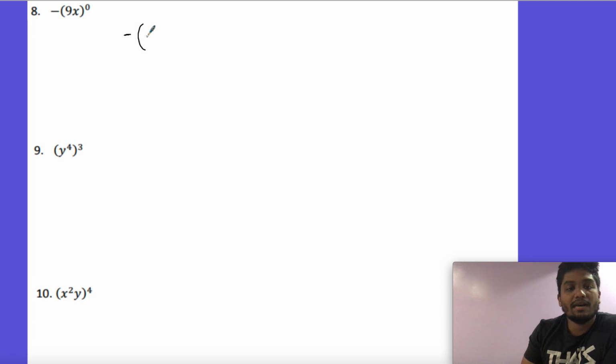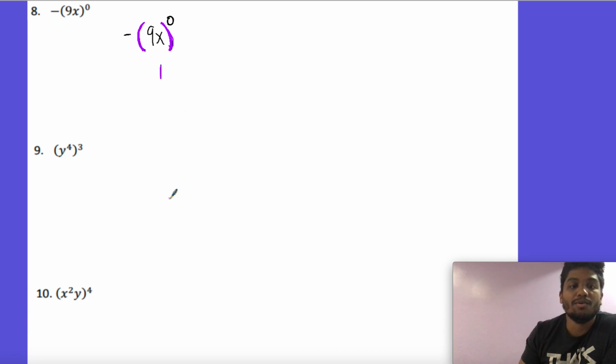We have negative times 9x raised to 0. Now this is what I was talking about before, where we were saying, what's being raised to the 0? Don't automatically look and say, oh hey, there's a 0, that whole thing is just 1, because it depends on what we're doing. So for example, everything inside these parentheses, I call it this quantity, everything there is equal to 1.